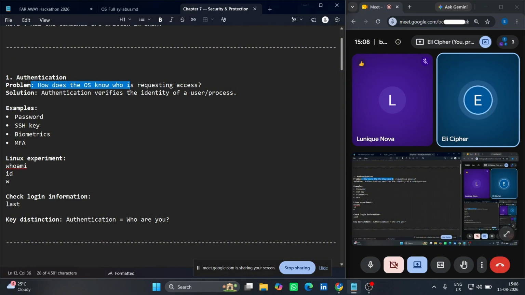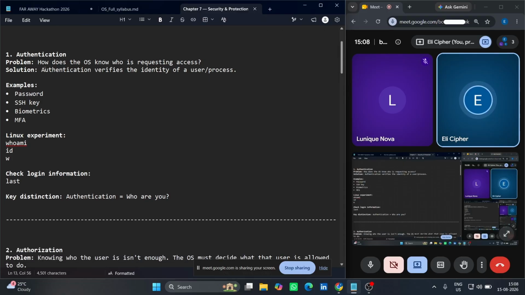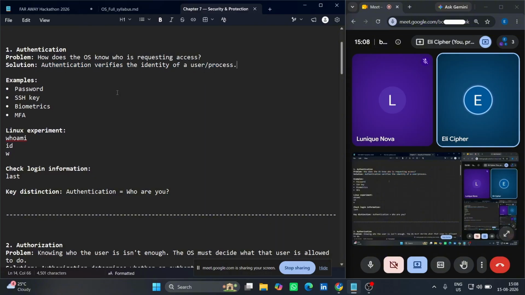It can be a user or a process who is requesting access to a specific resource or maybe anything, right? So the solution is authentication, which verifies the identity of a user or a process.